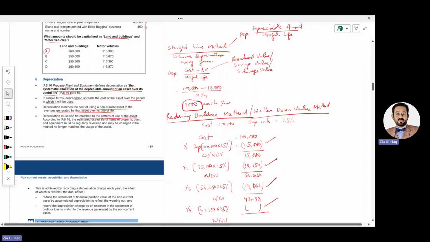If any asset is providing the same benefit every year, like land and building, you should calculate depreciation based on the straight line method. If any asset's benefit is reducing over the years, like plant and machinery, as they become older they will provide less benefit, so we should depreciate them using the reducing balance method.